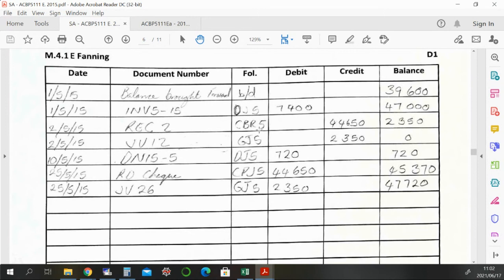Then we go on, and the next transaction where we see E. Fanning is on the 25th. Here it says received the bank statement showing that the check received from E. Fanning on the 2nd of May 2015 was dishonored due to insufficient funds. Make the necessary entries. JV26 was issued to cancel the discount.